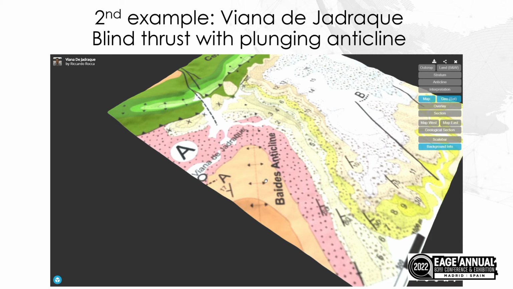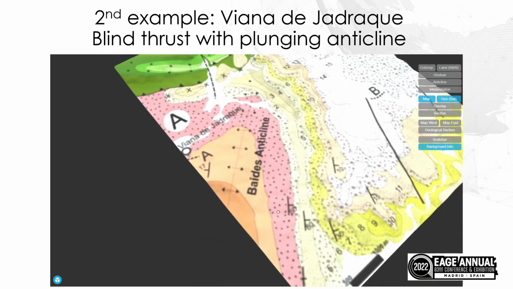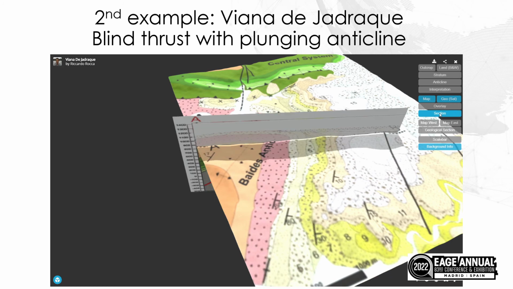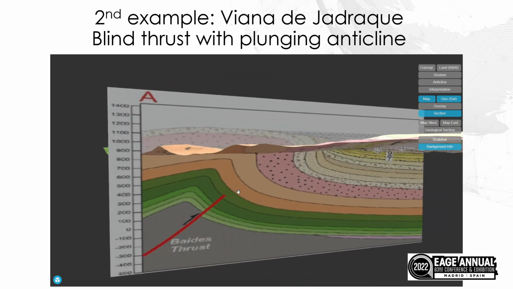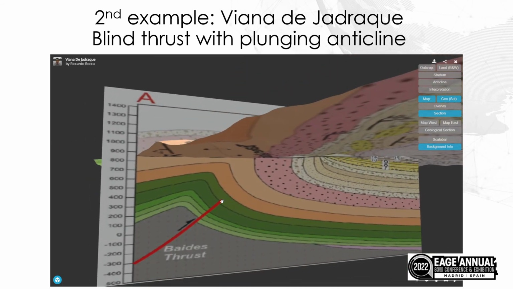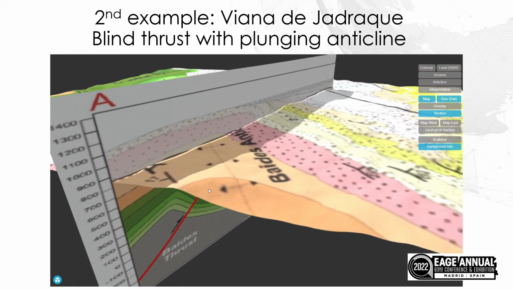This geological map comes with a section, and if we include it in the model, we can see the interpretation in the subsurface, where we have actually a thrust that displaces the horizons down to a certain depth, but at the surface then it only propagates mild deformation.